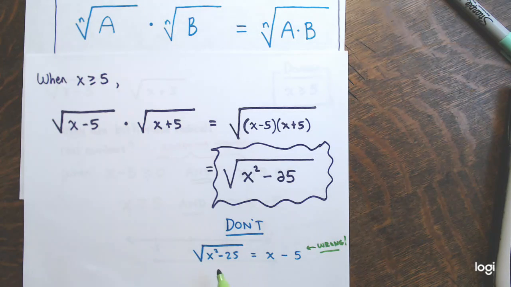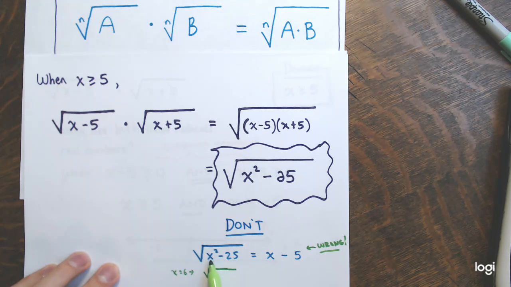If x were 6, on the left side you'd have the square root of 36 minus 25. 36 minus 25 is 11, so you'd have the square root of 11 on the left. On the right side, you'd have 6 minus 5, which is 1. That is not correct. The square root of 11 is definitely not 1.